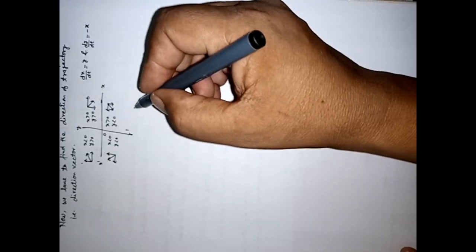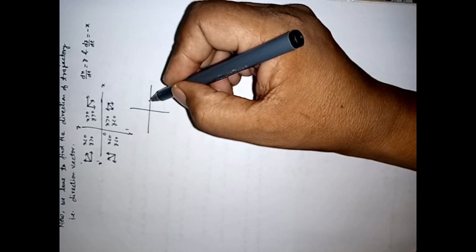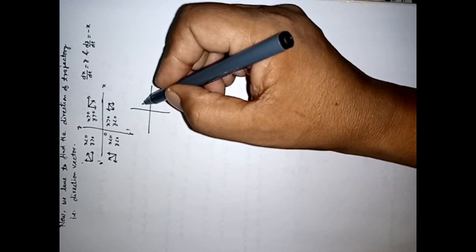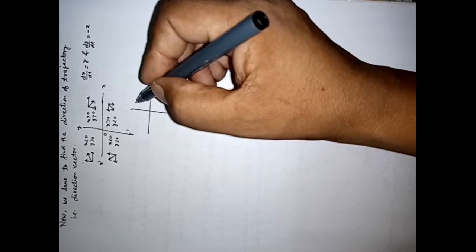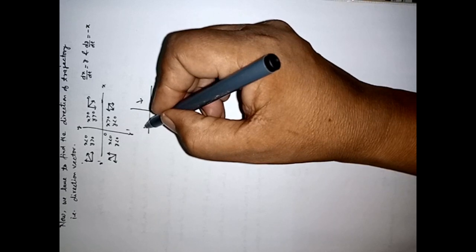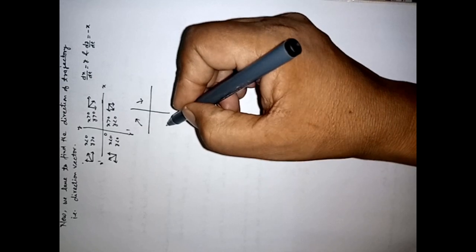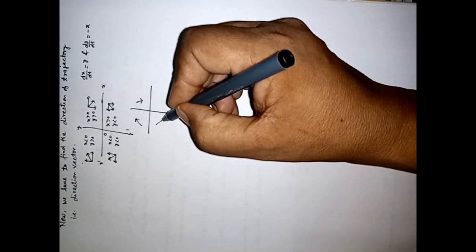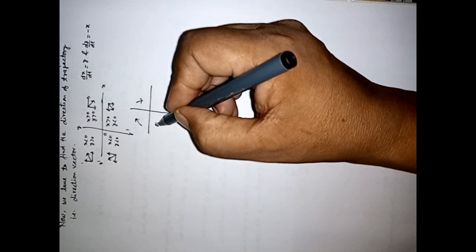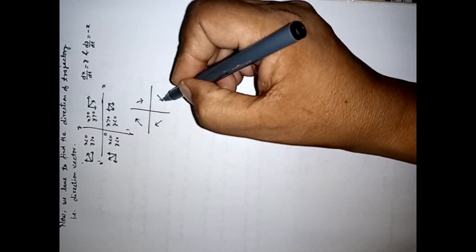Thus we get in the first quadrant the resulting direction vector is along this, and in the second quadrant the direction vector is along this, and in the third quadrant the direction vector is along this, and in the fourth quadrant the direction vector is along this.